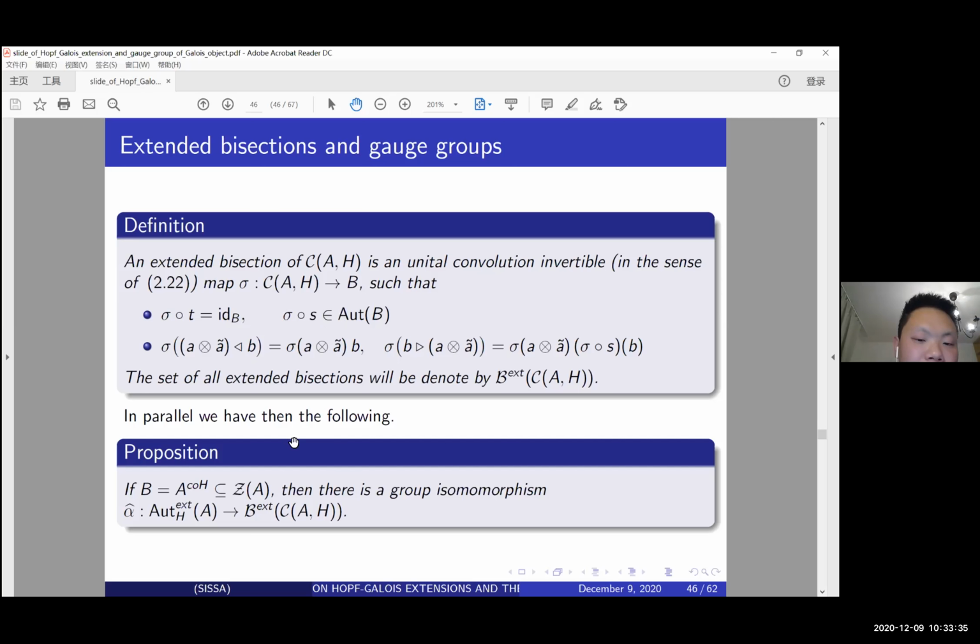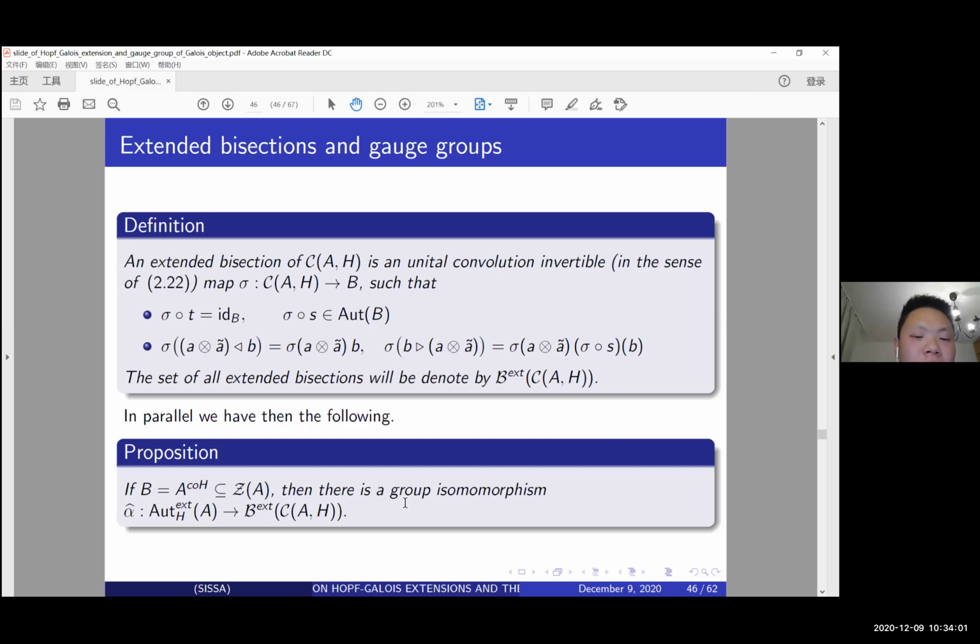And similarly, we have the proposition that the extended gauge group is isomorphic to the extended bisection under the condition that B belongs to the center. Okay. Wait, so now we need the centrality to establish this isomorphism alpha hat? Yes. And you have no problem with these guys being groups without B being central?